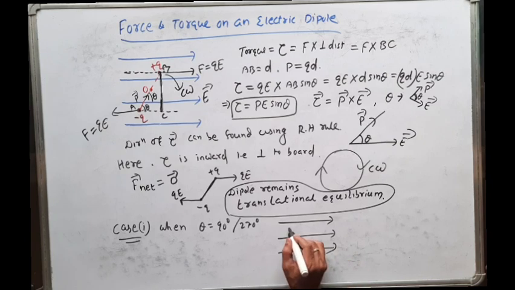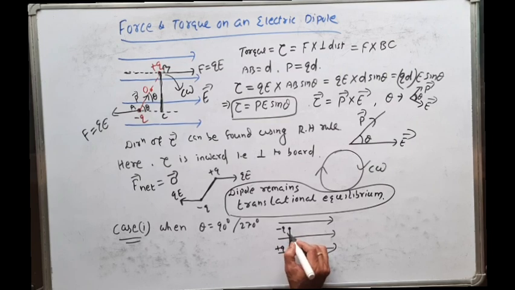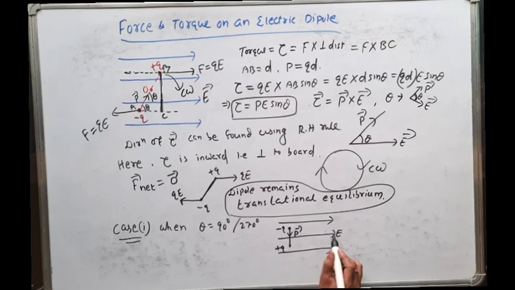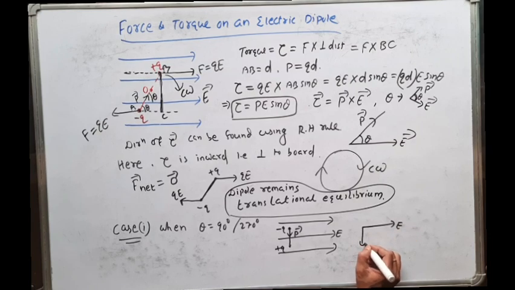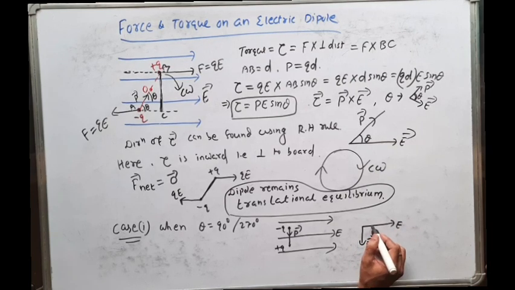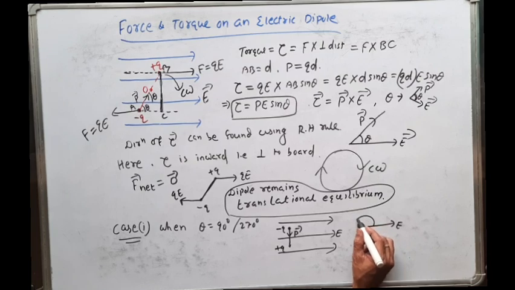You bring a dipole, here minus q, here plus q. So this minus q to plus q is the direction of the dipole moment, and this is the direction of the electric field. So here the angle between P vector and E vector is equal to, if you take the reference E vector, this is your P vector. So you can say the angle between E and P is equal to what?